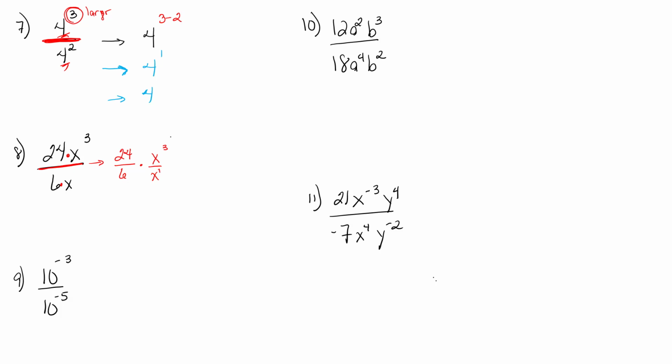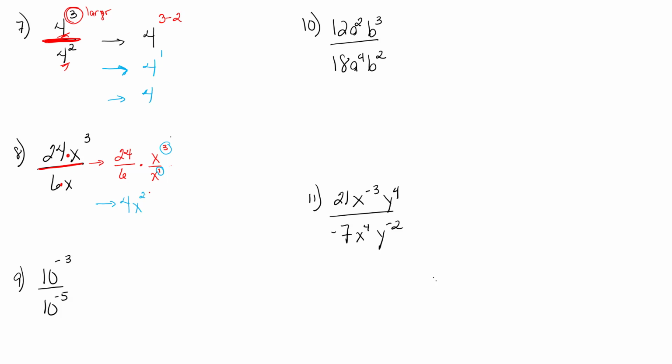Some of you who are visual might actually like writing your problem this way, because it visually makes more sense to people. And when I simplify my fractions, I get 4x squared. Larger exponent minus smaller exponent, and the answer goes on the top for those x's.